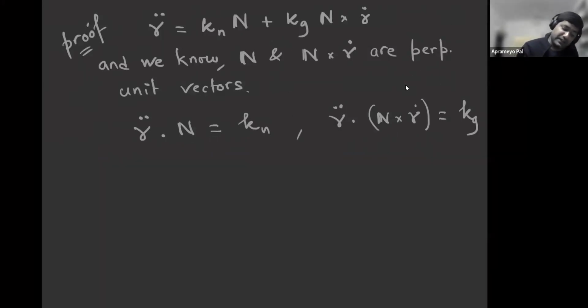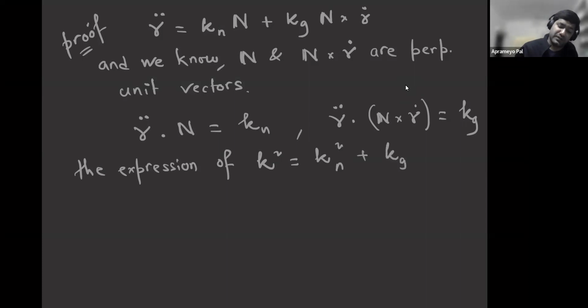So this is again the expression of kappa square is kn square plus kg square, which again follows from the definition.